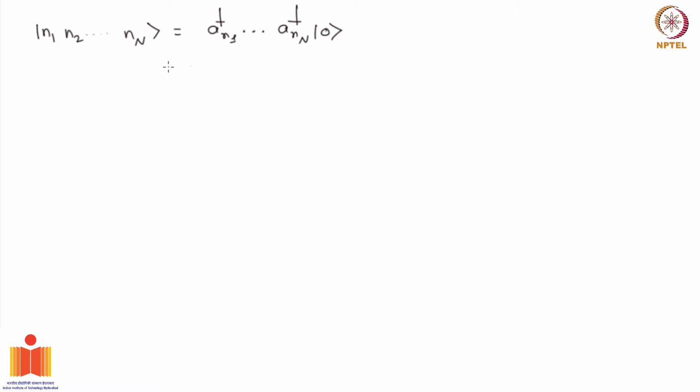I also gave you an exercise to show that if n1 is not equal to n2 and so forth, that none of these n_i's are equal, then the state is properly normalized, meaning if you take this inner product, then you get unity.